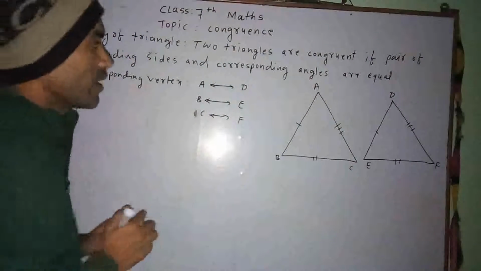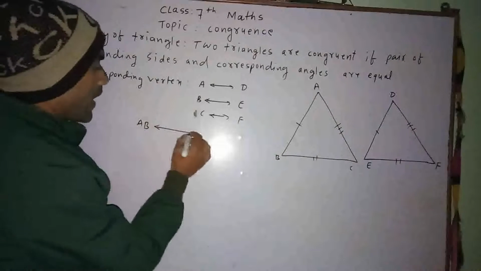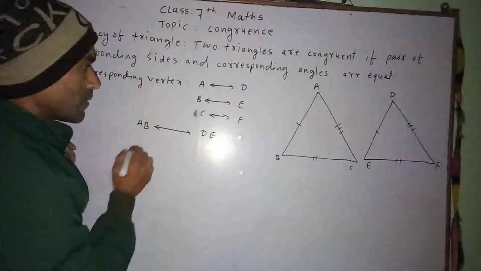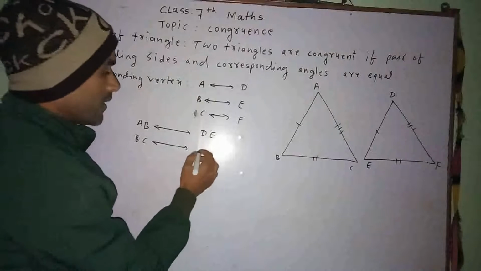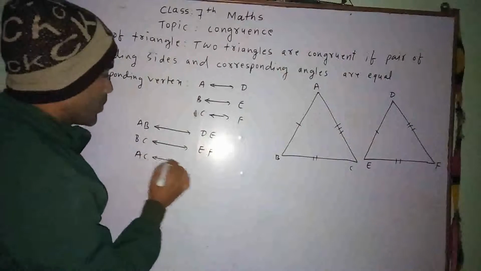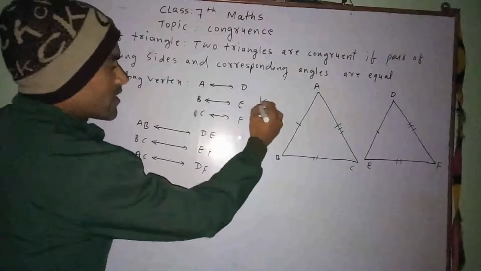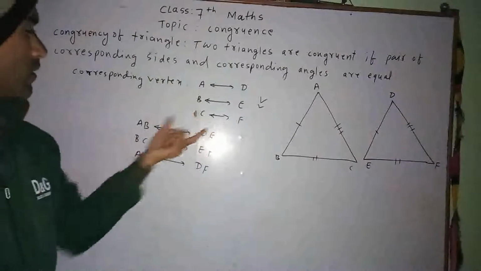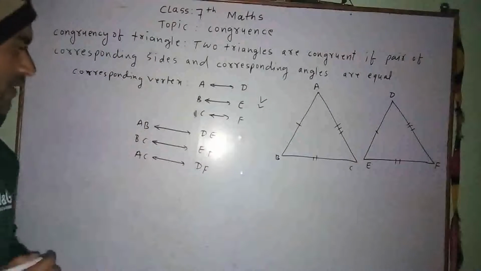In the same way, side AB corresponds to side DE, side BC corresponds to side EF, and side AC corresponds to side DF. These are the corresponding sides.